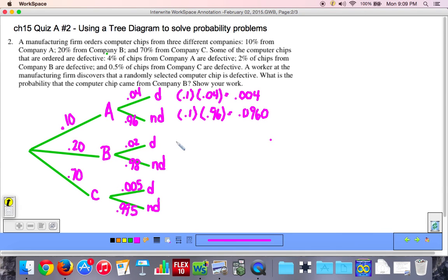Okay, and the probability that it comes from company B and it's defective. The probability that it comes from company B and the chip is not defective.